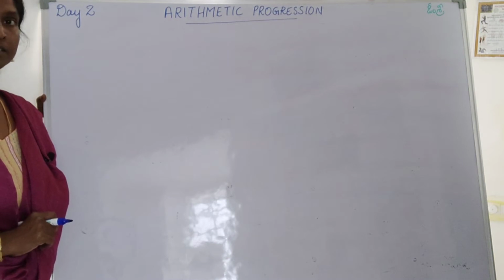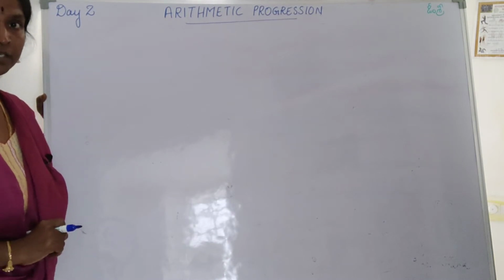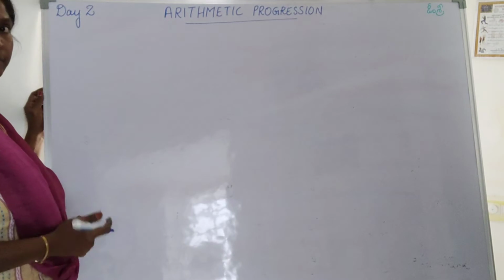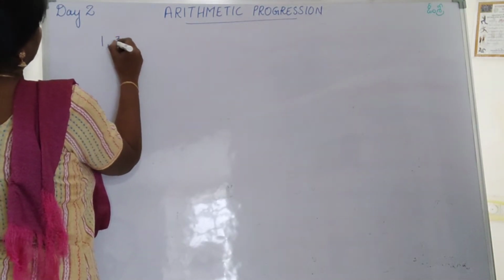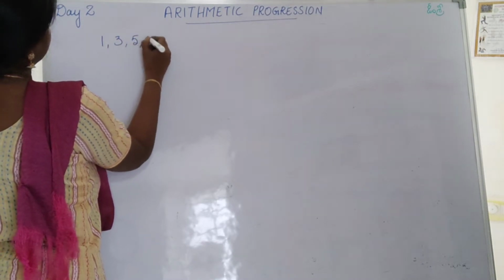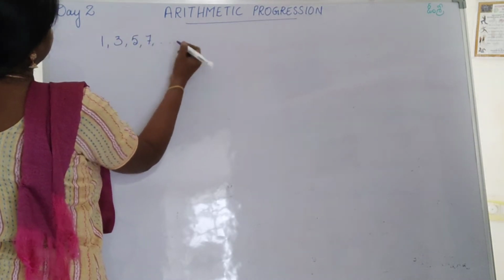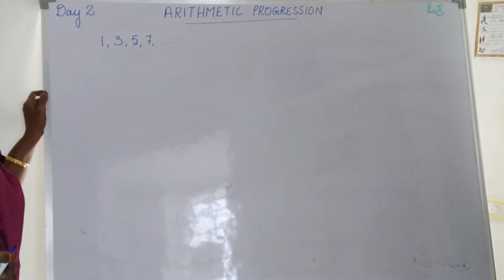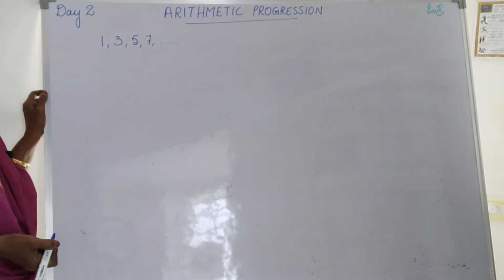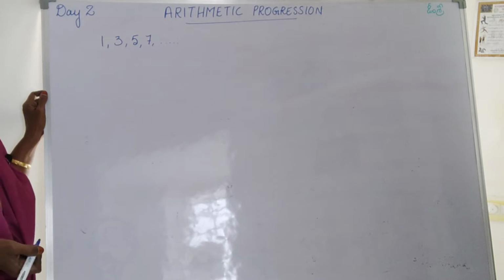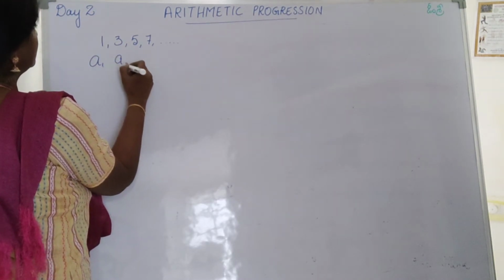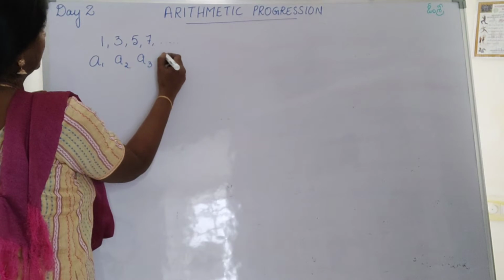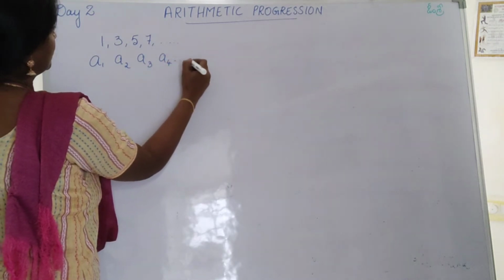So, let's consider an example for better understanding here. We'll take the odd number series. When we consider the odd number series here, we'll represent it likewise with the terms of arithmetic progression, that is A1, A2, A3, A4 and so on.